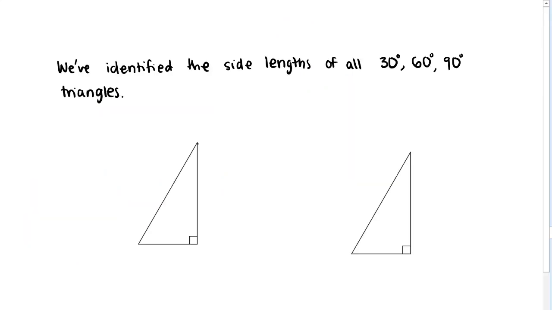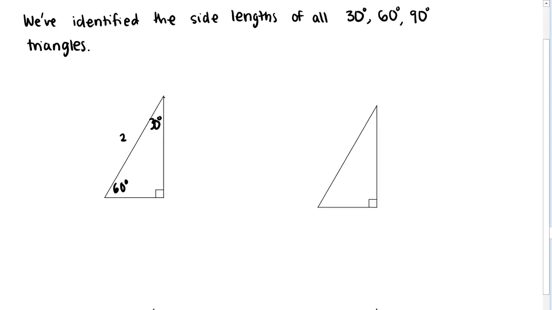So to get a sense of how to evaluate sine and cosine, I'd like to recall what the side lengths are of a 30-60-90 triangle. We looked at one of these examples earlier in the class. If we have a 30-60-90 triangle, the example we looked at had a hypotenuse of 2.